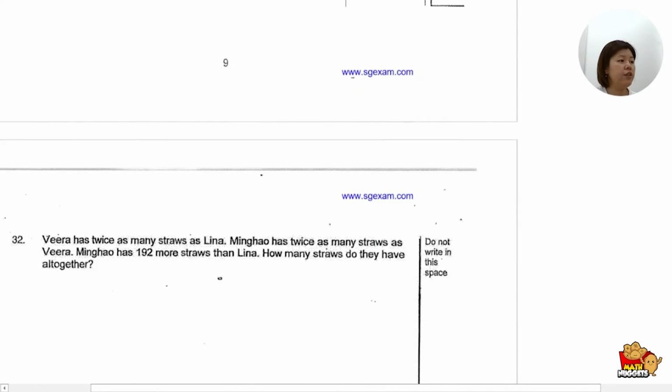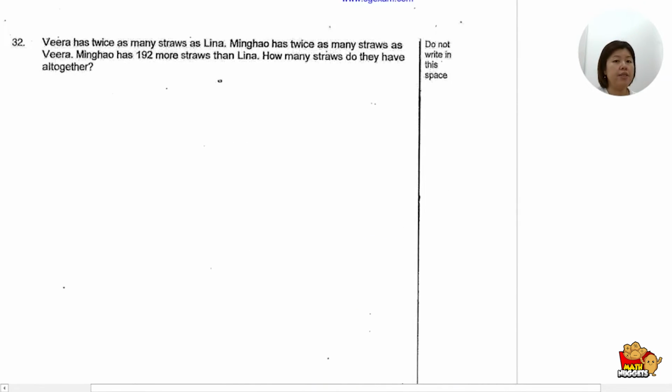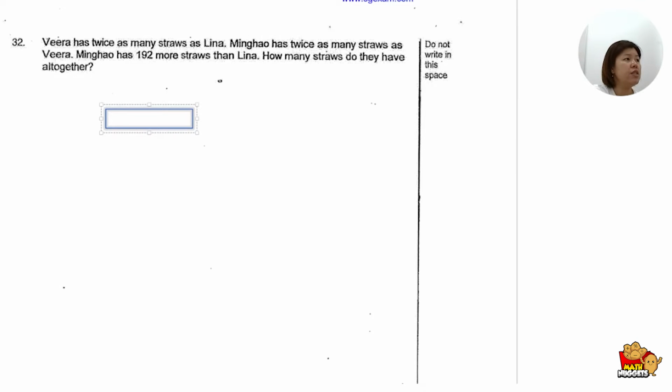Let's move on. Vera has twice as many straws as Lena, and Ming Hao has twice as many straws as Vera. So it's saying that Ming Hao has 192 more straws than Lena. They want to find the total altogether. So let's draw Vera first.